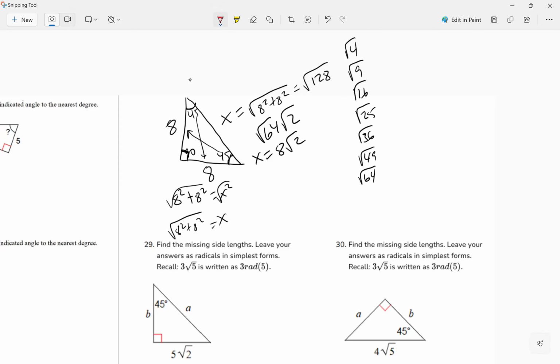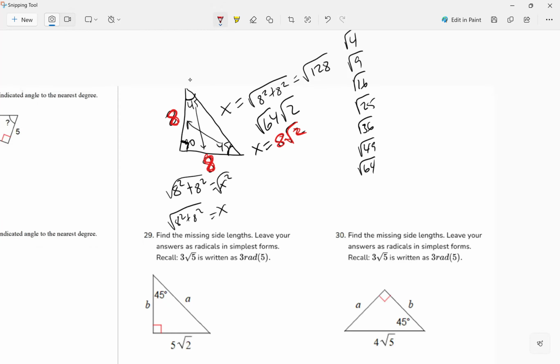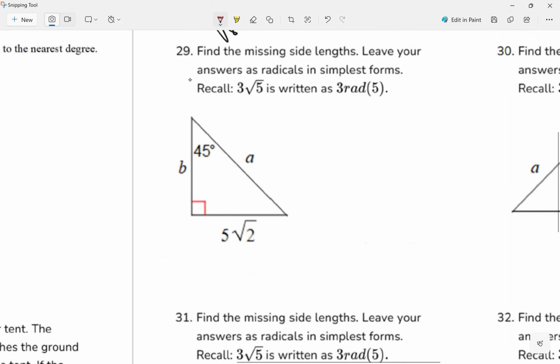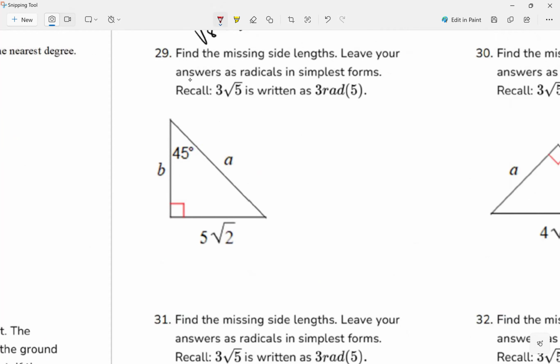I want us to see something really quick here. I'm going to put my 3 sides in red. The 2 legs were equal, then the third side is 8 times radical 2. Interesting, they all have an 8. So if I had something like this, let's take a look. I know the two sides that make the 90-degree angle are equal.